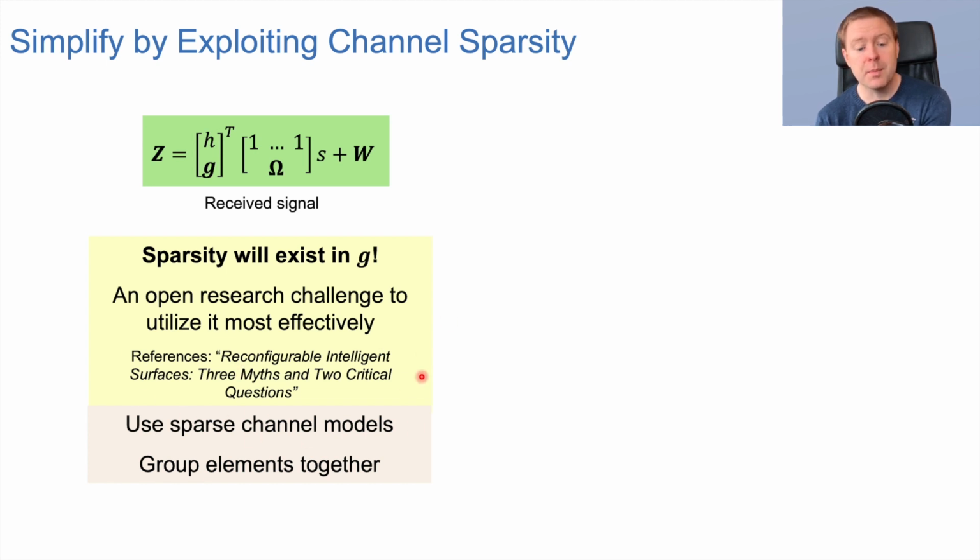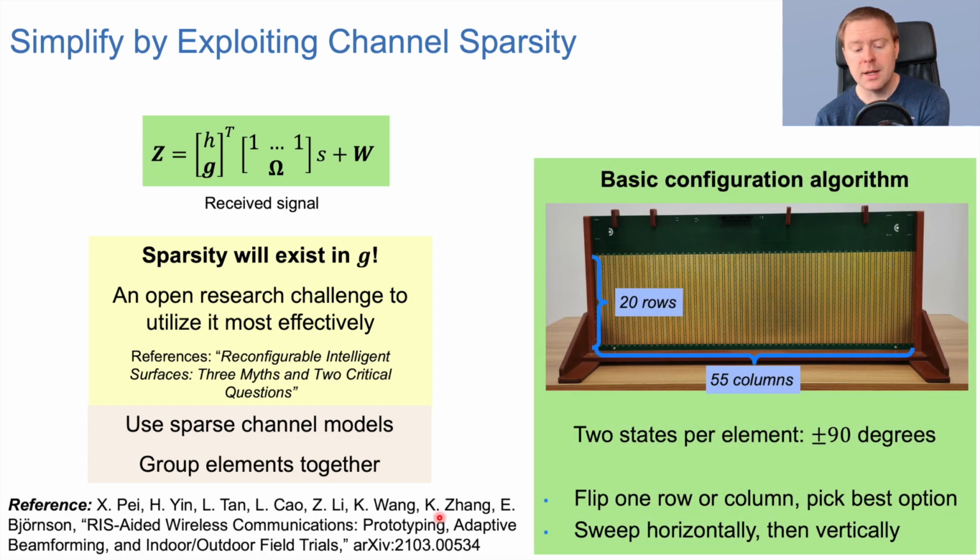You can find in my paper, Reconfigurable Intelligent Surfaces: 3 myths and 2 critical questions, a description of methods that can be utilized for channel estimation. And in the prototyping papers that I was describing earlier, with this surface here with 1,100 elements, the way of simplifying the configuration was that some elements were put together, and then there was a simple algorithm where all of the elements started with the same configuration, and every element only had 2 states, plus and minus 90 degrees.